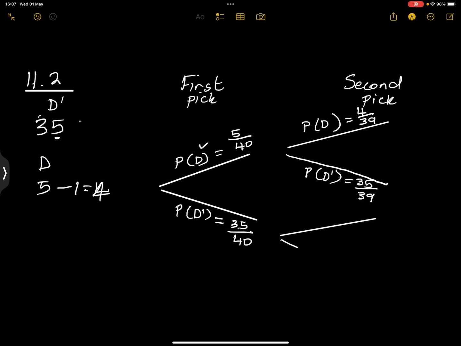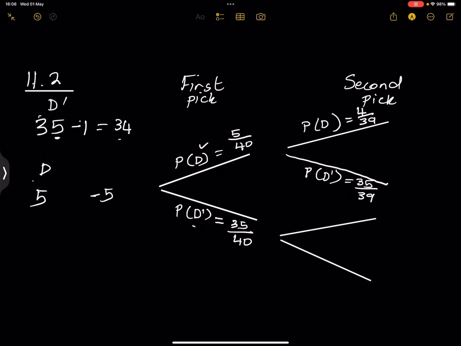Now let's focus on the next one. What if I picked a calculator that's not defective in my first pick? Again, the ones that are not defective are 35, and the ones that were defective were 5. So in this pick, if I picked one that is not defective, that's minus 1. What do I have? I've got 34 that are left, but I still have those 5.